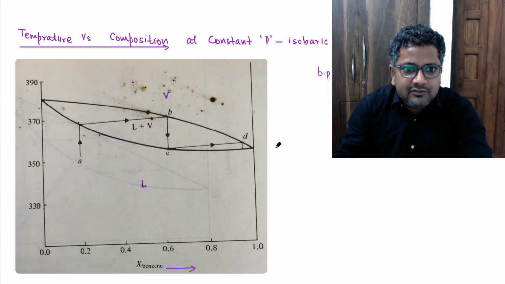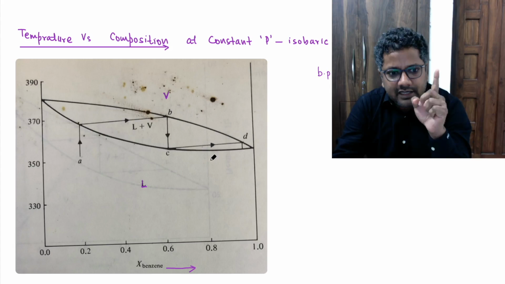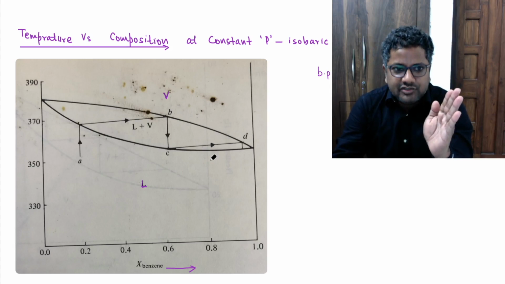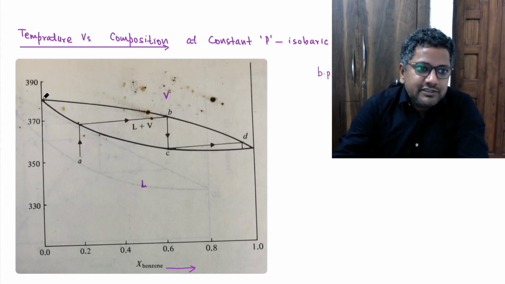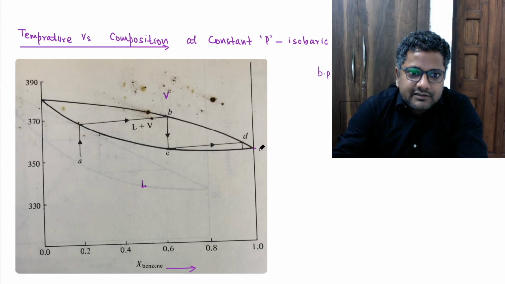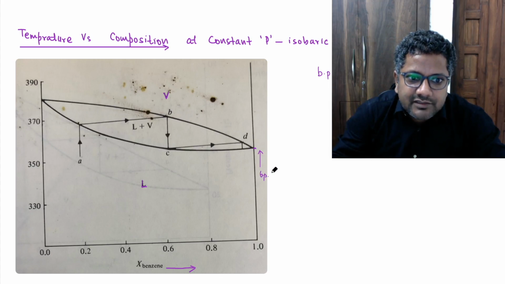And if you join this, you will find the equilibrium temperature corresponding to the equilibrium vapor pressure, because whenever you take any pressure in the above graph, that is only at a given temperature and given composition, right? So this is the boiling point of toluene. This point is the boiling point. So we can say this is the boiling point of benzene.